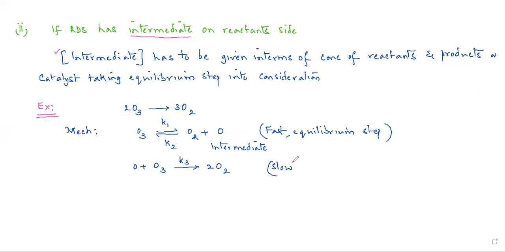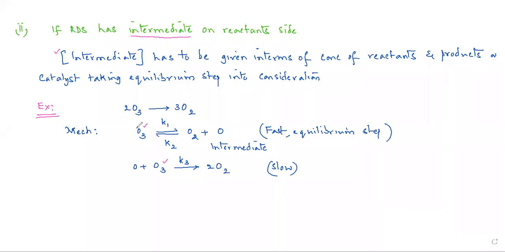But the point is, in the slow step, you got just one molecule, but there is one molecule of ozone even in the fast step also. In the previous case, we had all the reactants, products, and even the catalyst in the slow step. But here, we got one molecule of that, but still we got one molecule of that in the first equilibrium step also.